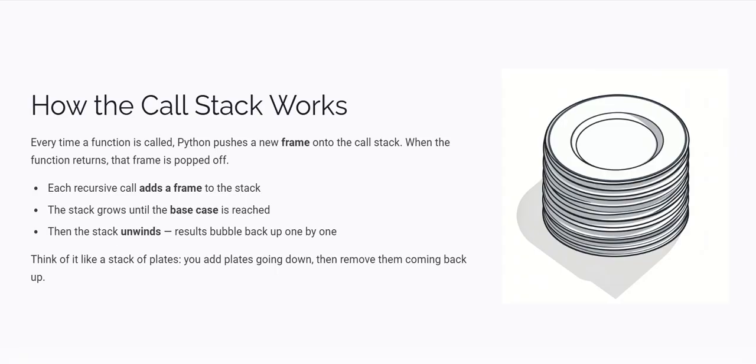Each recursive call is like putting one plate. The point where you can't stack even a single plate more is the base case; you can't go over that. That is where the condition is met and you can't move further.